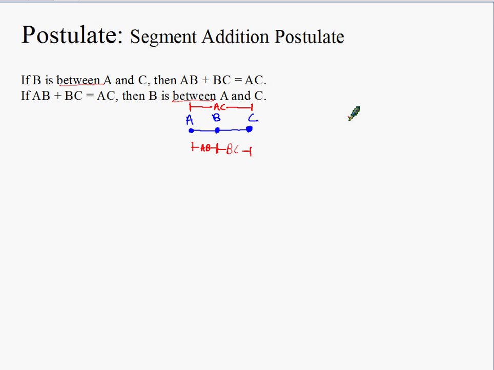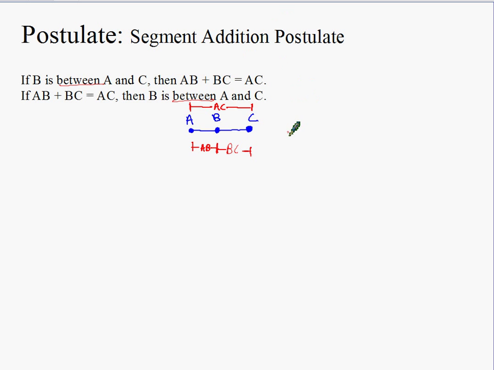Okay. Like I said, this is the technical definition that the book gives you. I like to keep it short and sweet. So here's line segment AB. Here's line segment BC. Once we put the line segments together, the whole line segment is your measure.